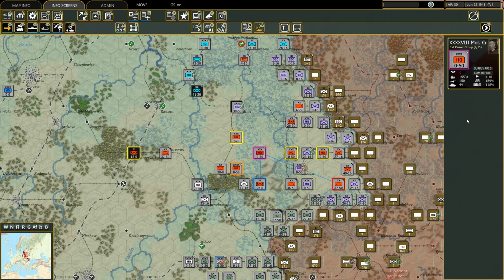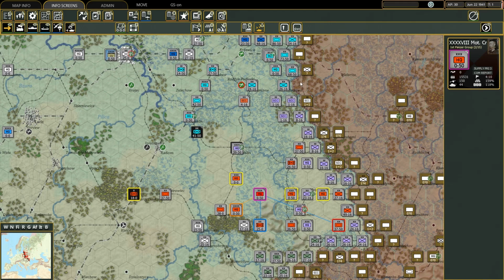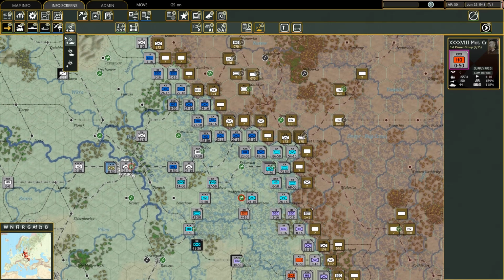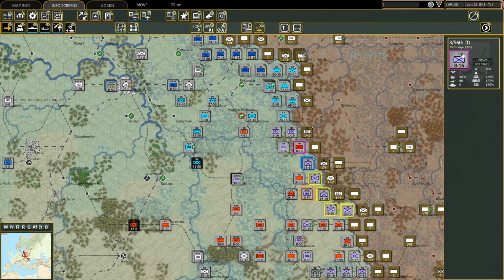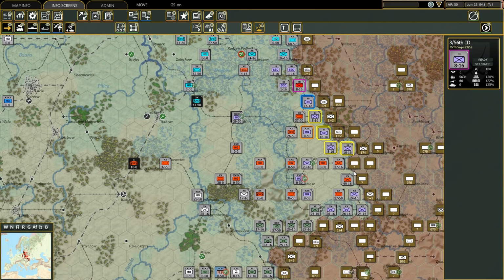Basically, divisions take 2 points of command power, while anything between brigades, like the 8th SS Cavalry Brigade, or regiments, they take 3 points of command power. So it's always more convenient to have entire divisions rather than 3 independent regiments.